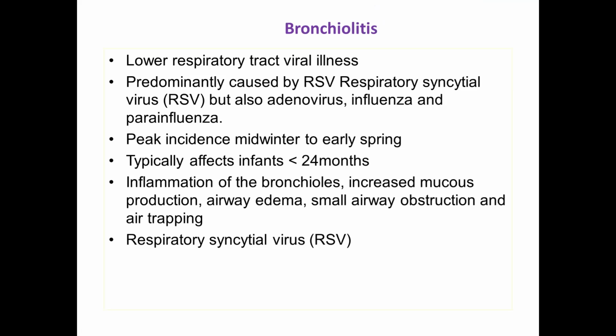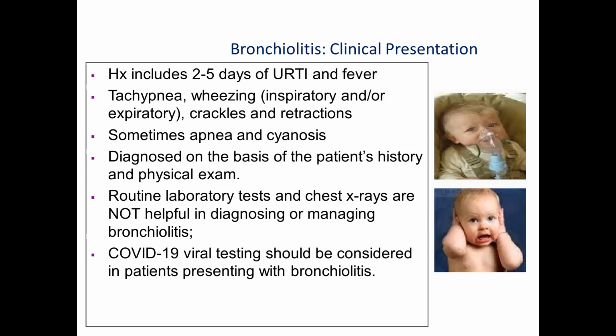So what happens is there is an inflammation of the bronchioles, increased mucus production, airway edema, small airway obstruction, and trapping. And RSV tends to be a more severe form of bronchiolitis, as I'm sure some of you already know.